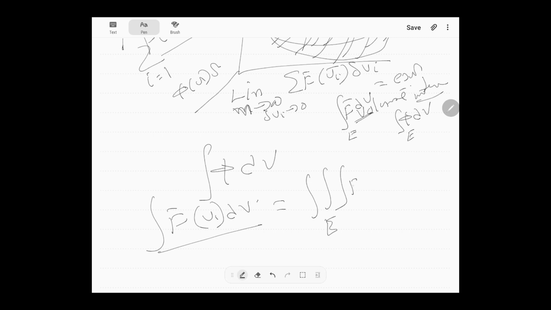Triple integral over E of f bar dv is dx dy dz.